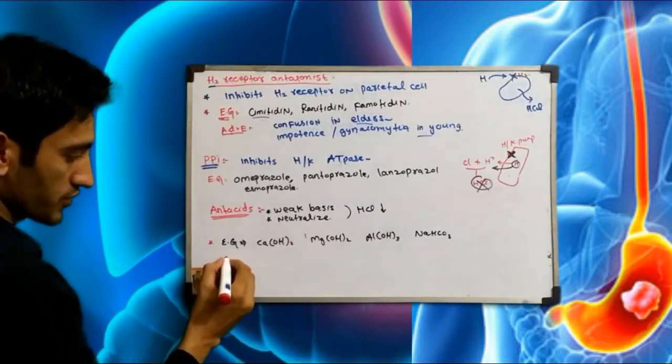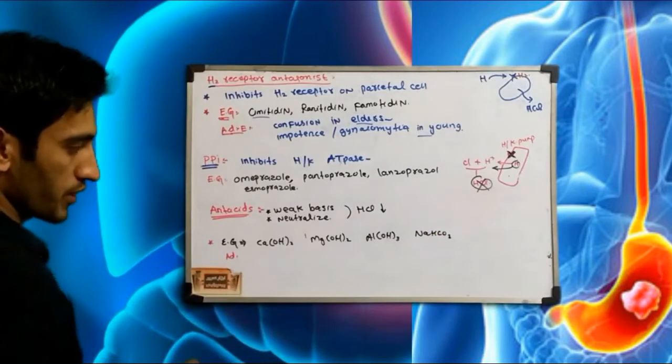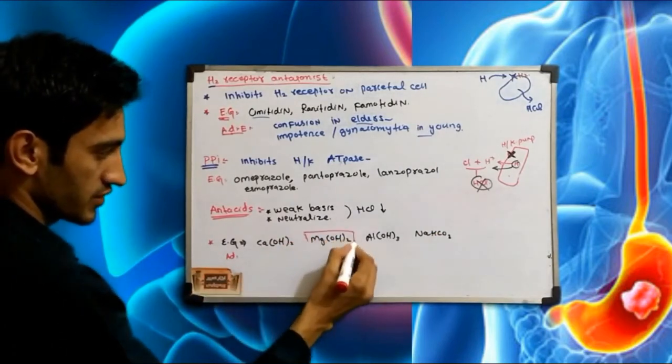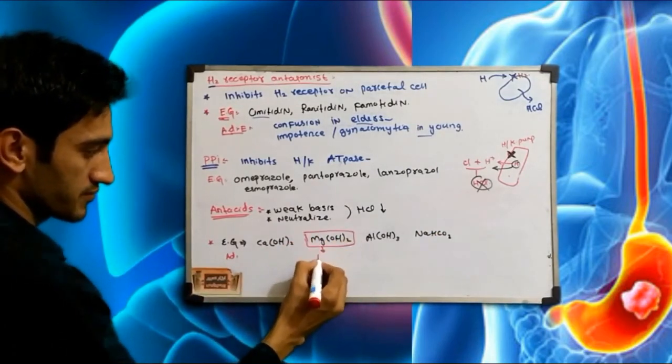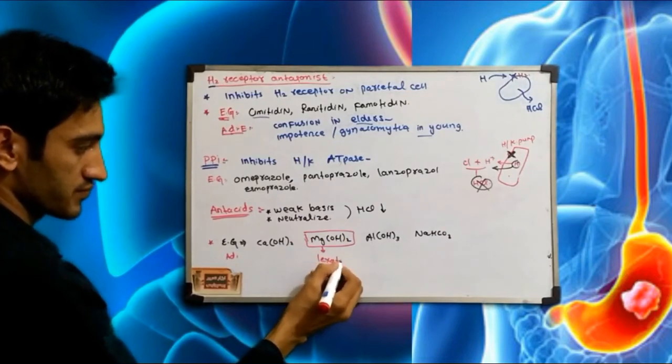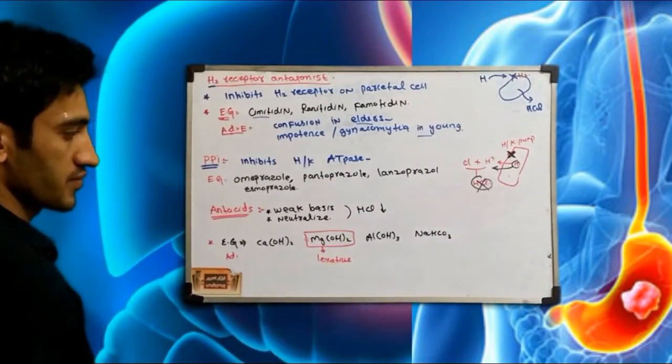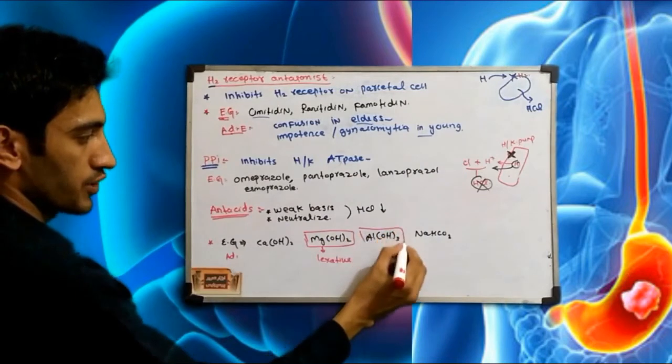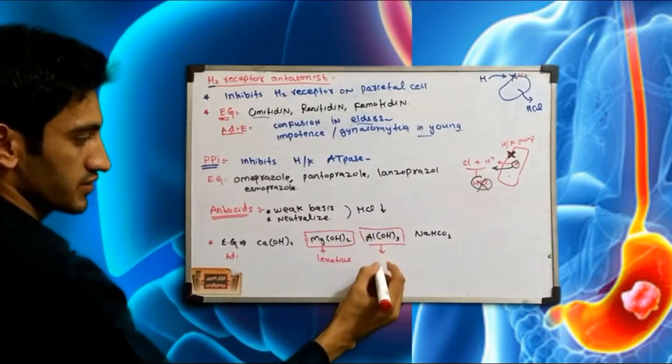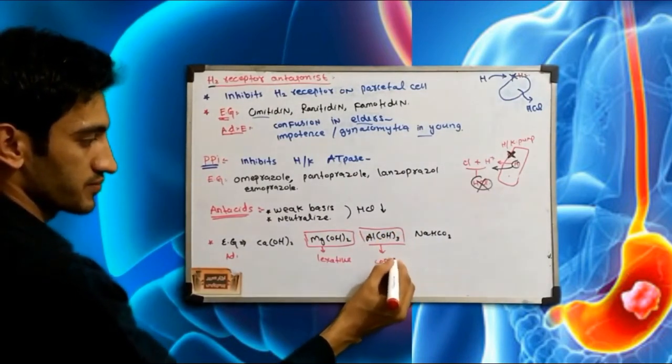Now we'll talk about the adverse effects. Magnesium hydroxide is laxative, and aluminum hydroxide will cause constipation.